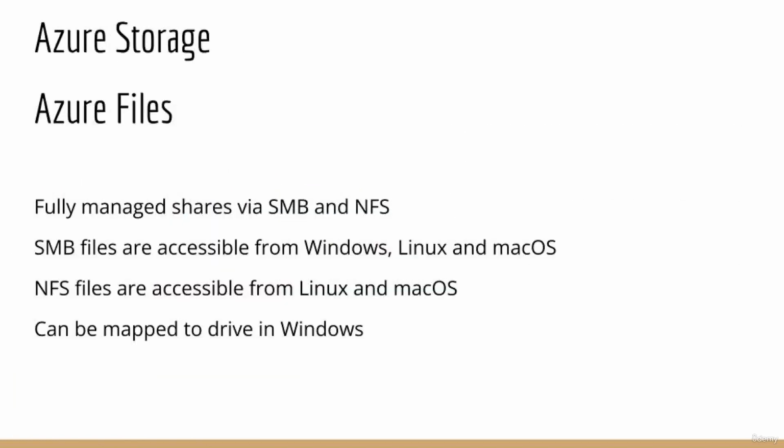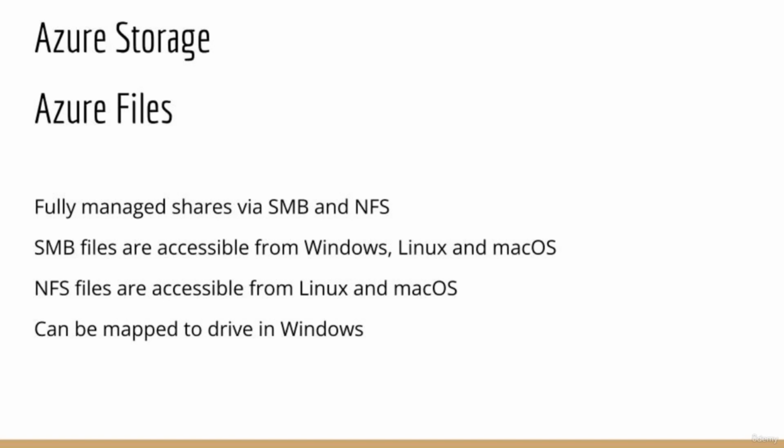In the next slides, we will talk about non-relational data offerings on Azure and identify Azure data services for non-relational workloads. The first service is Azure Files. Azure Files offers fully managed file shares in the cloud that are accessible via the industry standard Server Message Block (SMB) protocol or Network File System (NFS) protocol.